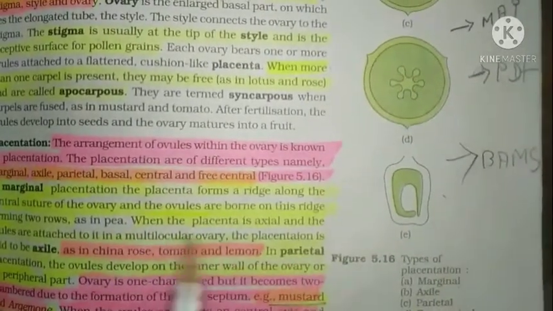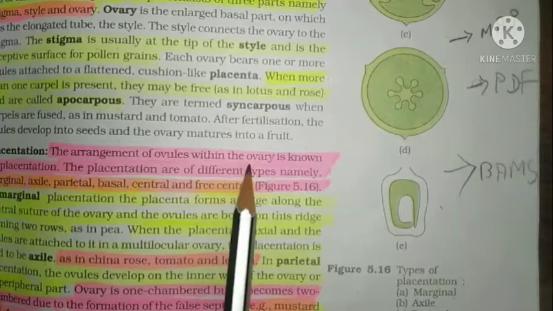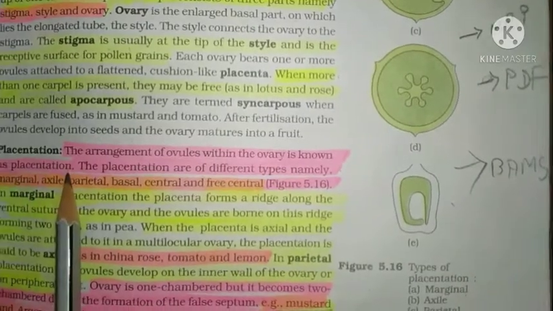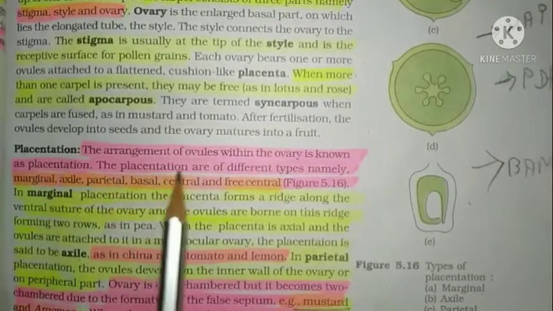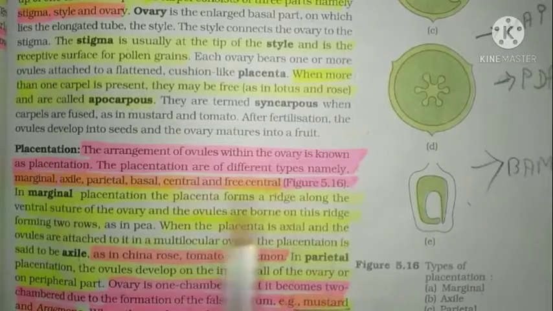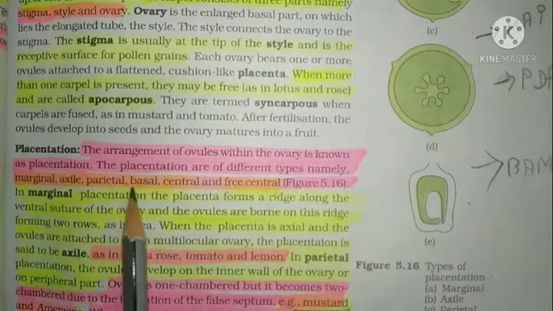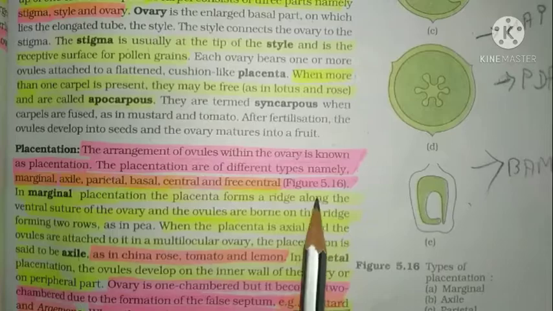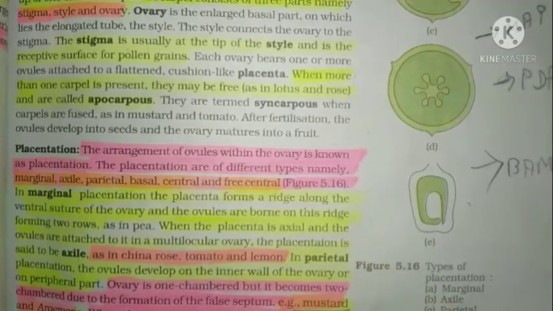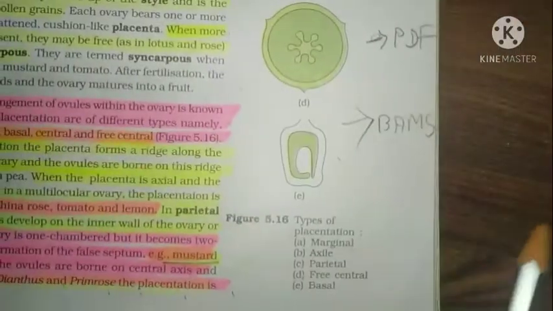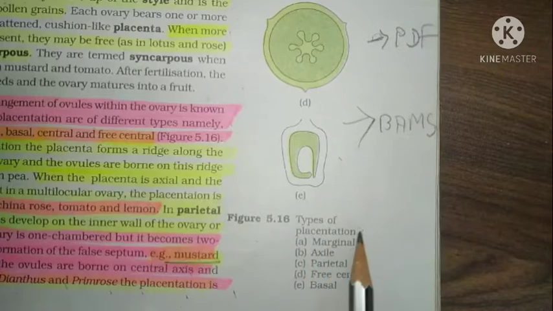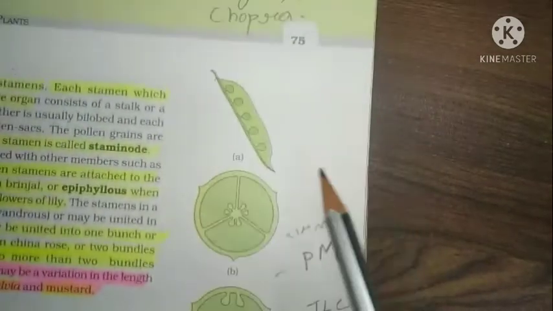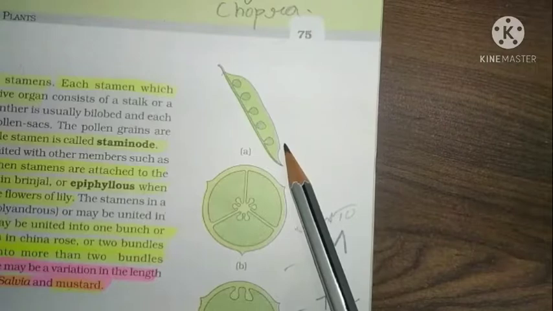Placentation. The arrangement of ovules within the ovary is known as placentation. The placentations are of different types, namely marginal, axial, parietal, basal, and free central, as given in figure 5.16. In figure 5.16, the first one, A, is called marginal placentation.